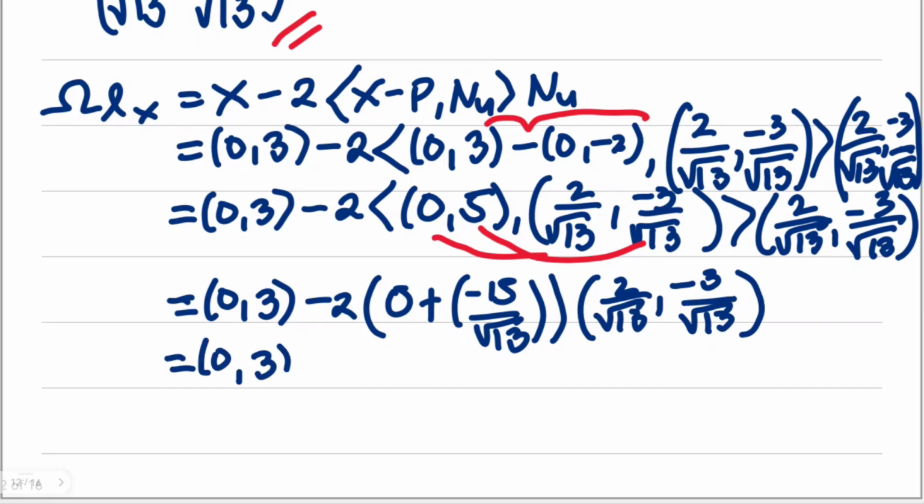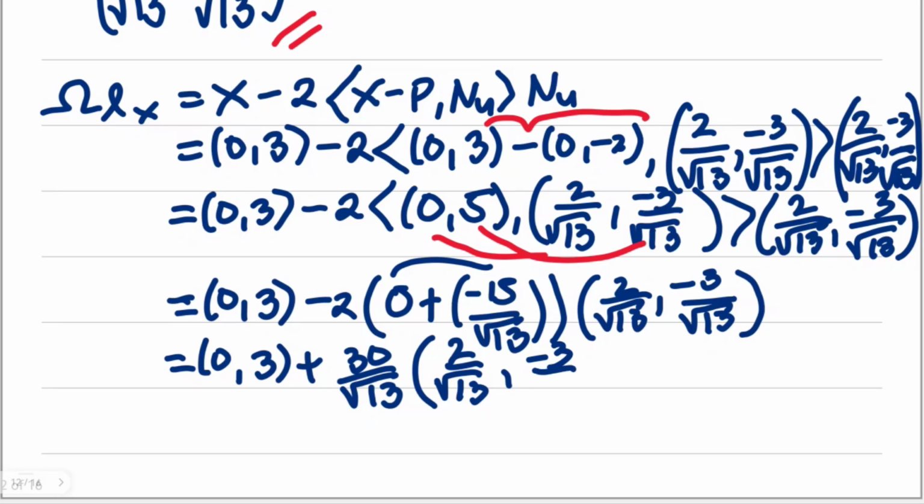(0, 3). So this is actually 2 times, and this is of course negative, right? So negative 2 times negative 15, so that's positive 30 over square root of 13, times (2 over square root of 13, negative 3 over square root of 13). This is now scalar multiplication.